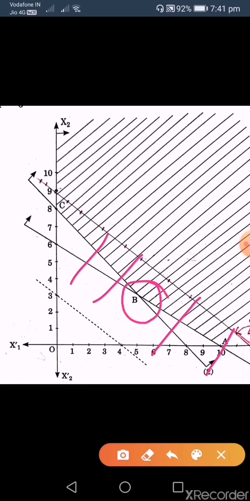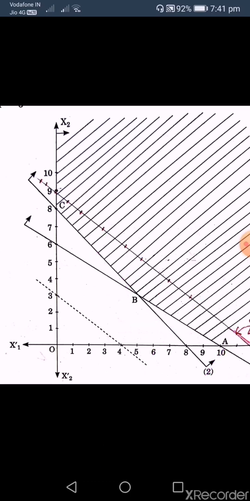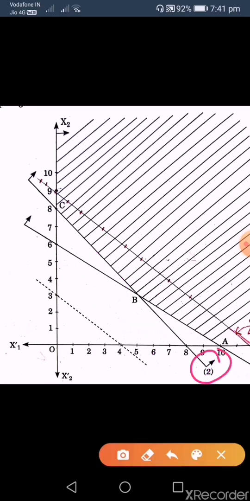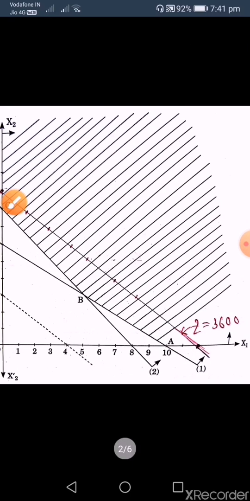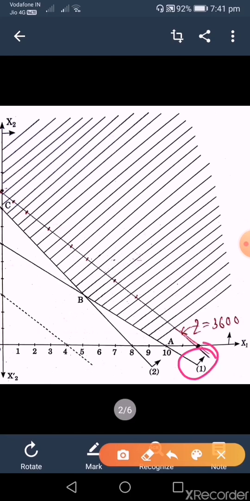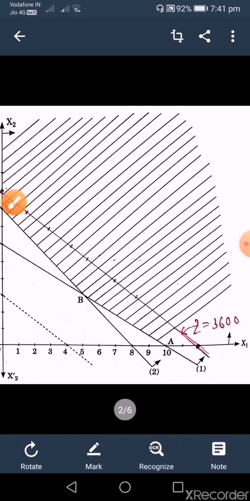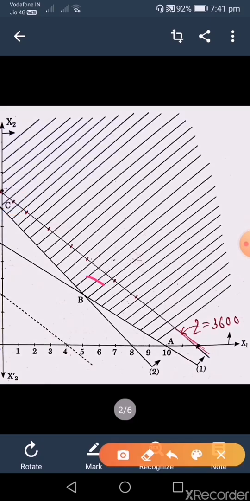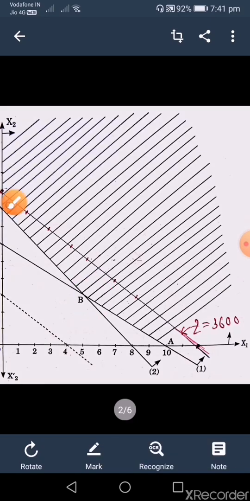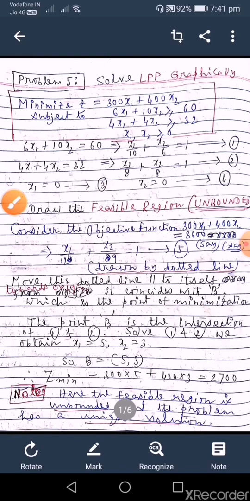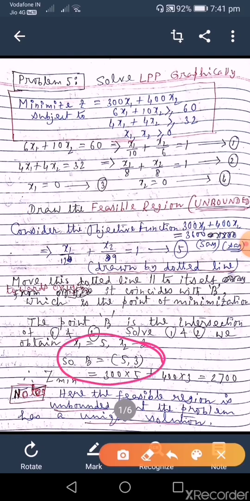The point B can be obtained by solving equation number 2 and equation number 1. So solving 1 and 2, we will get the point B. Solving which we obtain B as (5, 3), as you note here.